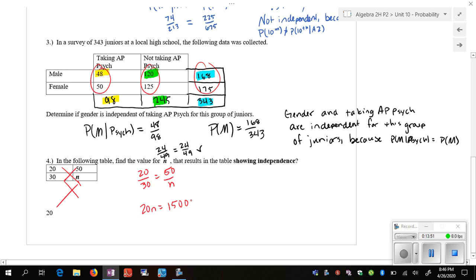If we divide by 20, we get n is equal to 75. That is the only number that would have made this independent.